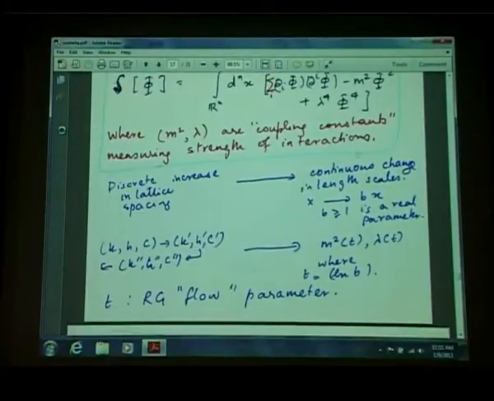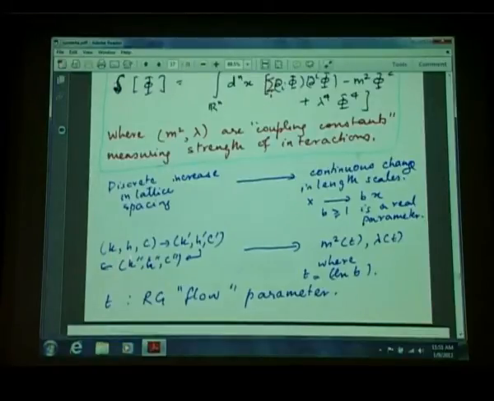Now in the spin system we saw that when we did a renormalization group transformation, the lattice spacing increased in discrete steps. Okay. Now here in this continuum case, you can do a continuous change in the length scales. So your length scales go from x to some b times x, where b, bigger than or equal to 1, is a real parameter.